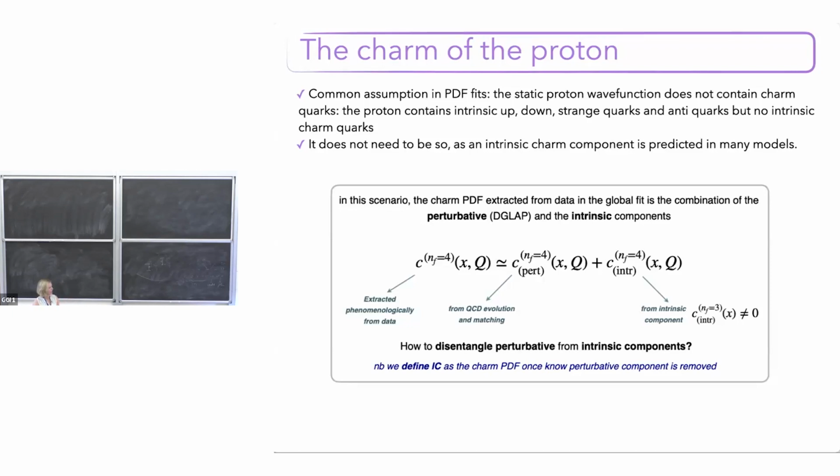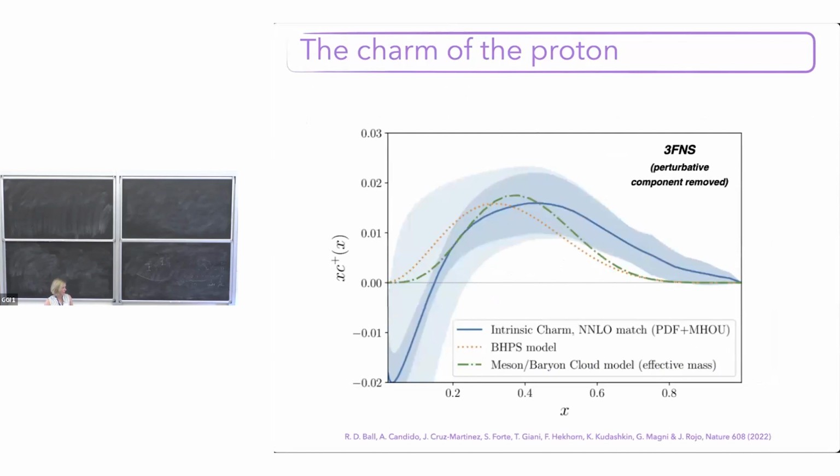What they did, and I was not involved in this paper because I didn't have time, I didn't contribute to this, is that they fit the full charm and they fit the perturbative charm. What is left is the intrinsic. So the idea is how you can disentangle the perturbative charm component from the fitted charm.